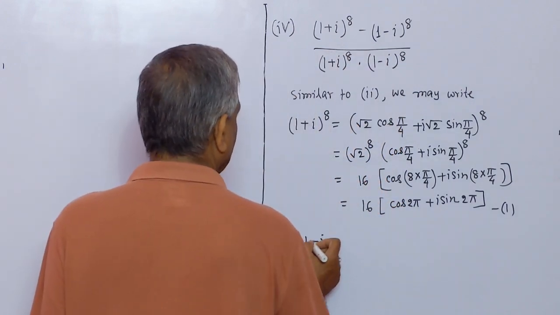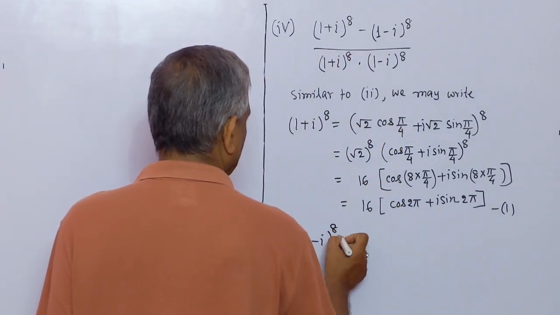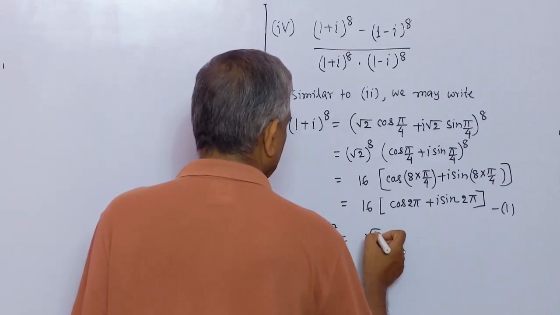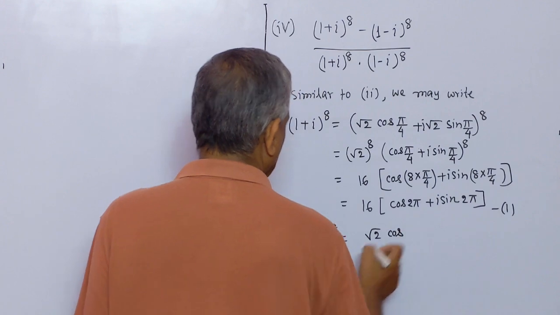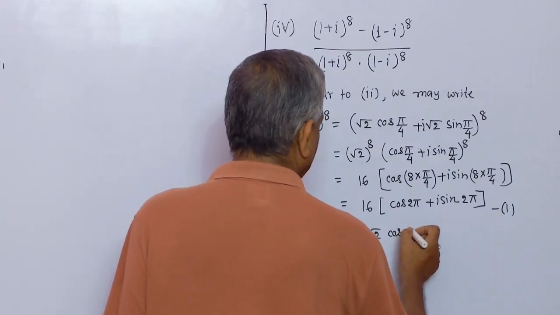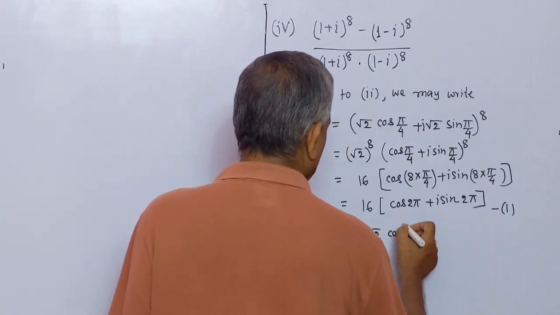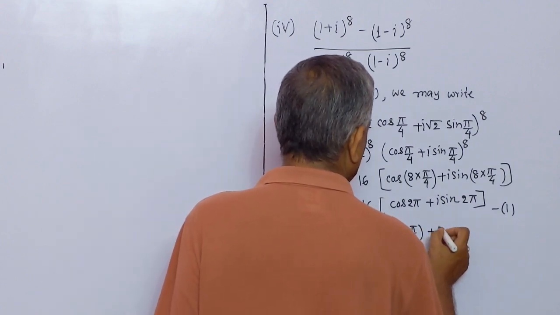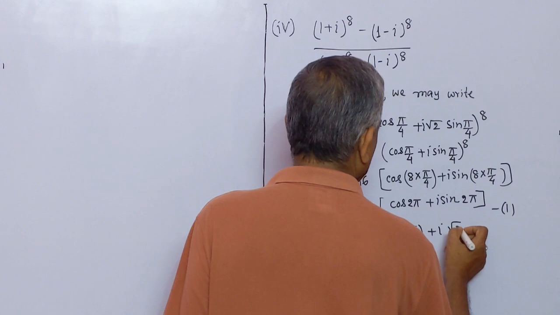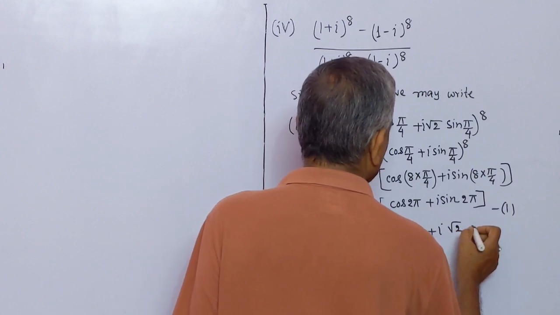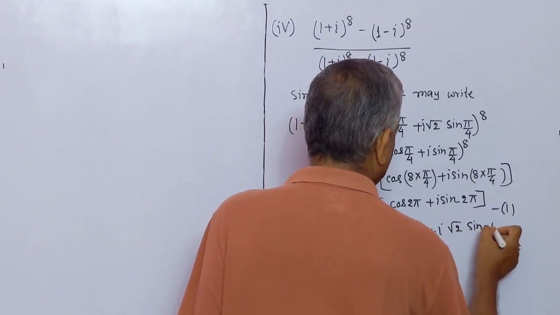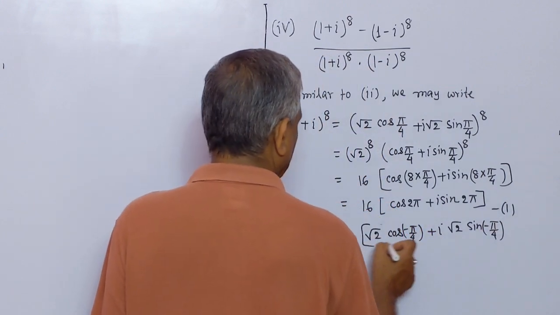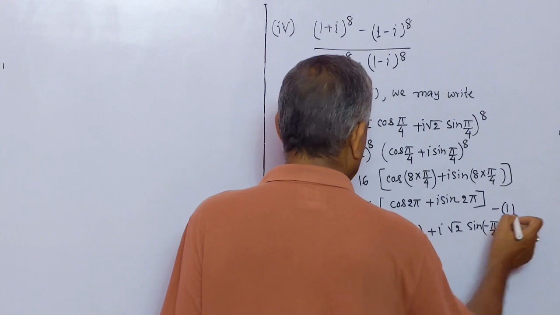1 minus I to the power 8 equal to square root 2 cos minus pi by 4 plus I sin minus pi by 4, to the power 8.